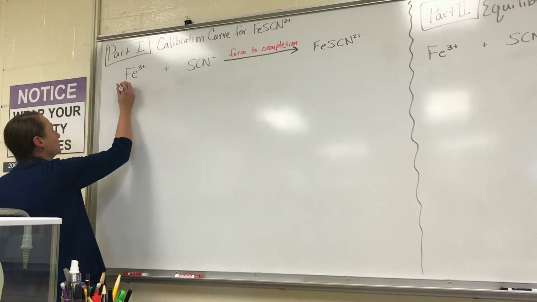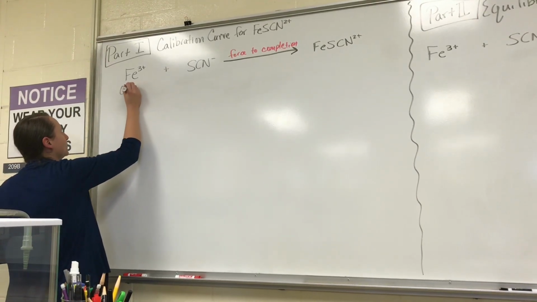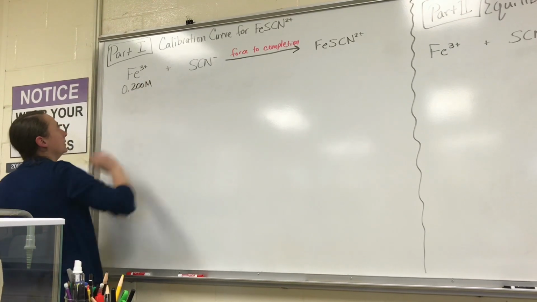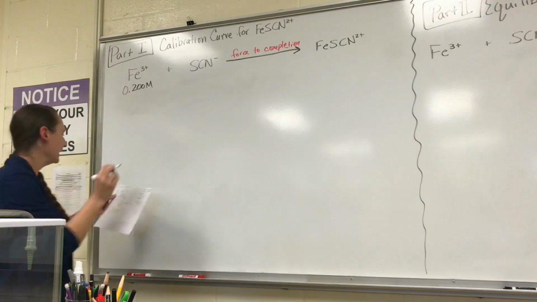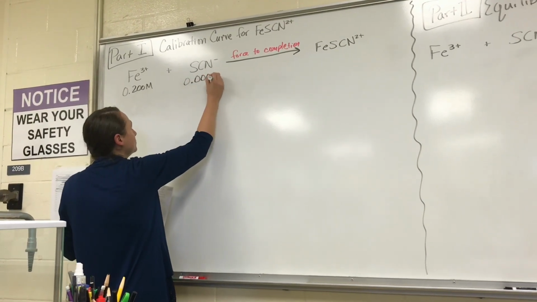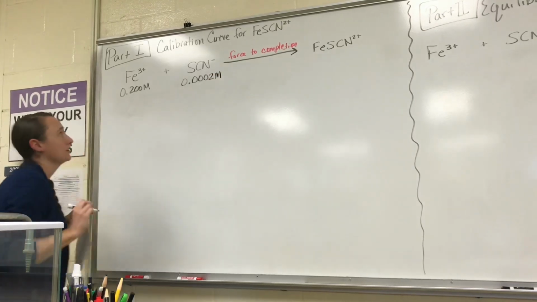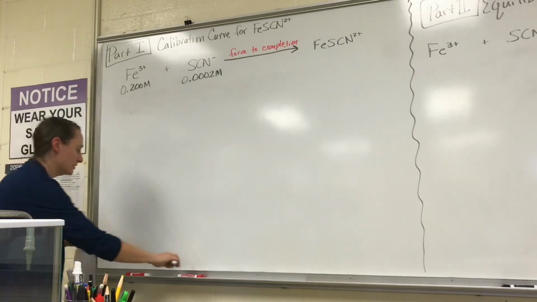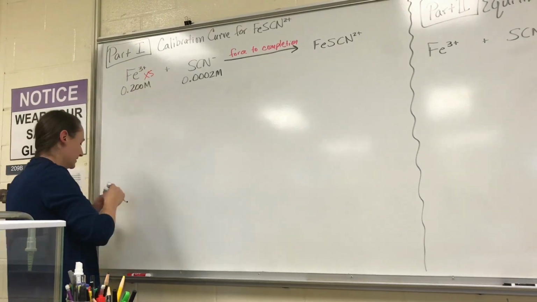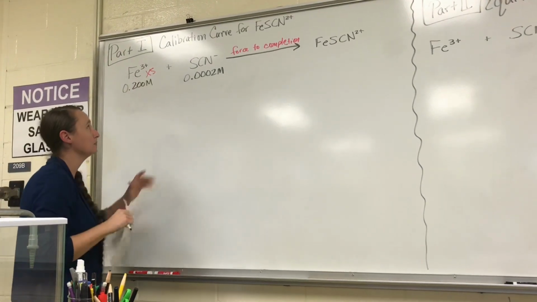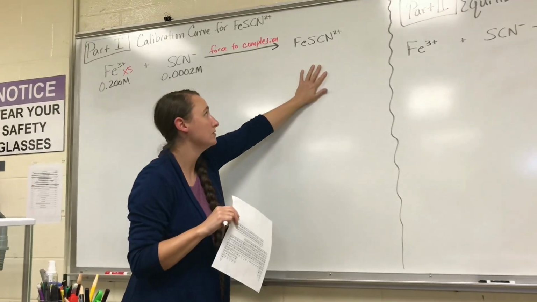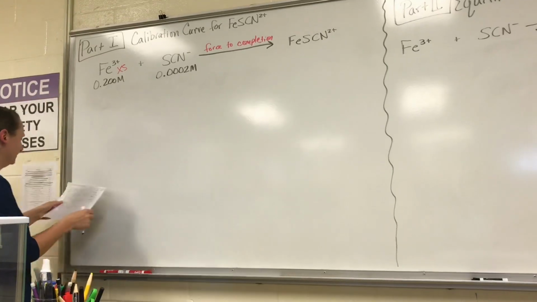So in part 1, you're using concentrations that are 0.200 molar for the iron and 0.0002 molar for the thiocyanate. So you can see the huge difference there. The iron is in an excess, and in so much excess that we can assume that all thiocyanate is consumed and used to produce the product.